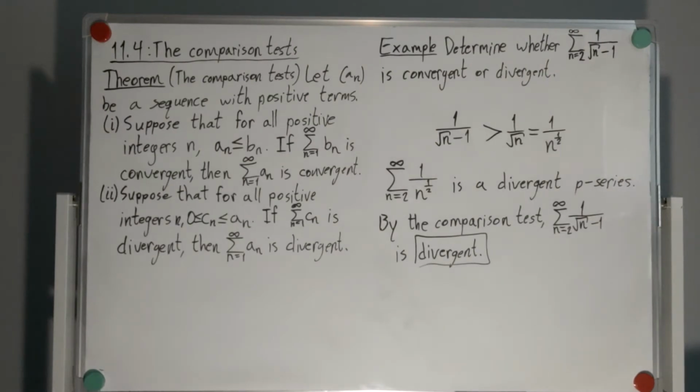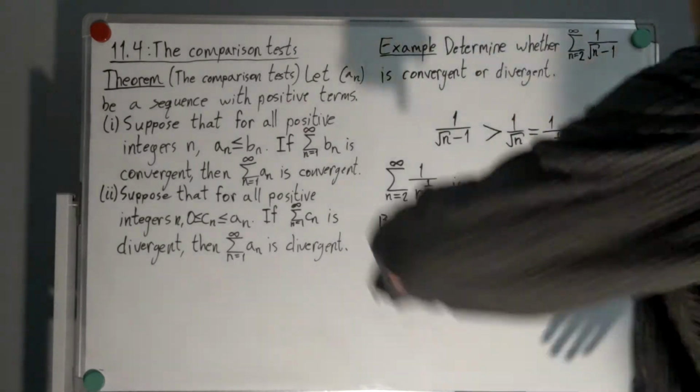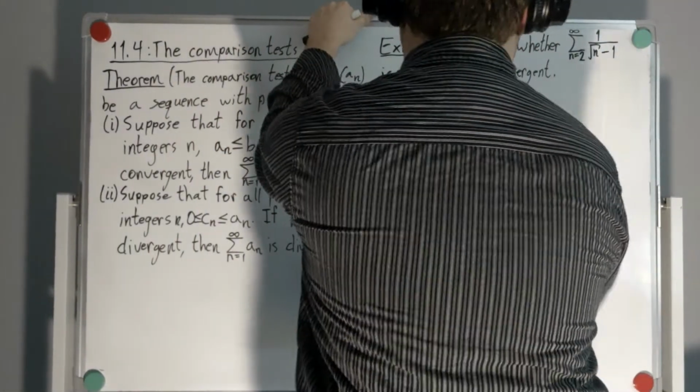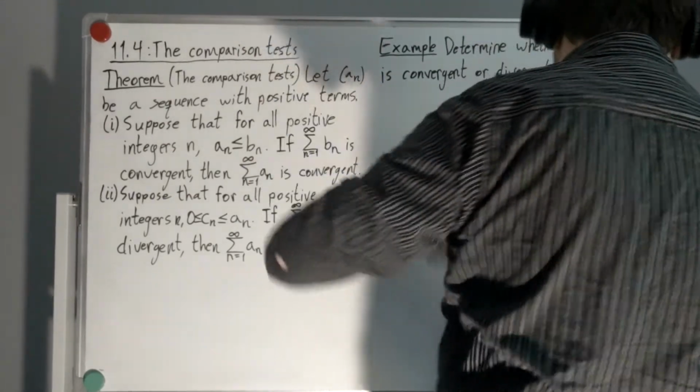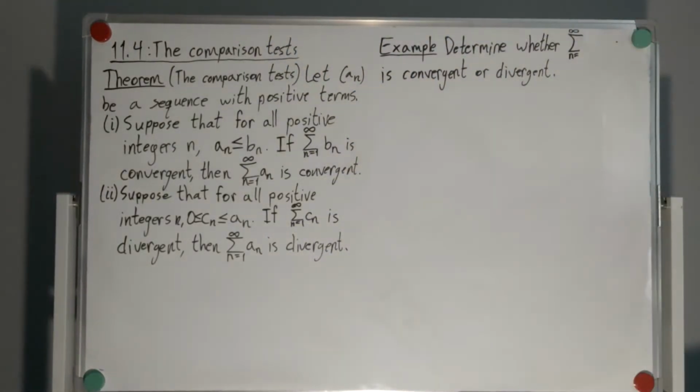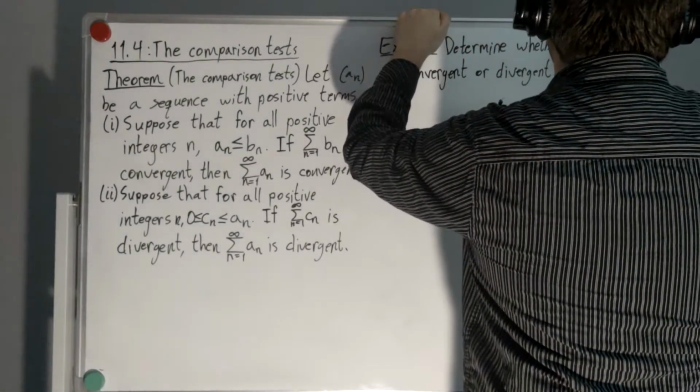Let's see. Let's do another one. Okay, this one is, let's take a look at this. This is the sum from n equals 1 to infinity of 6 to the n divided by 5 to the n minus 1.